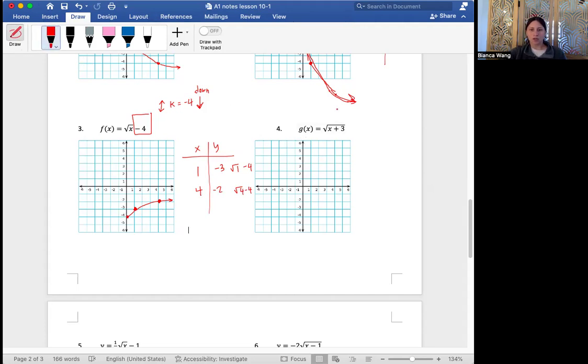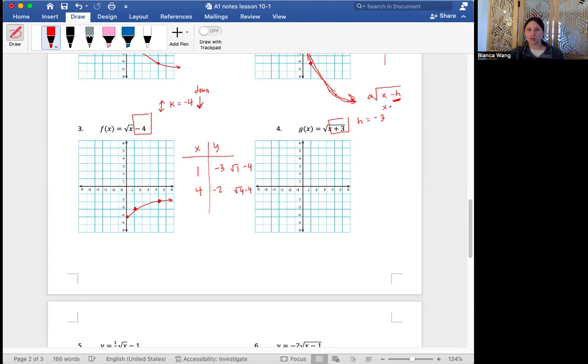Now, if we have an operation inside the square root, inside the radical, we want to take a look at what's going on now. This is a plus 3. So the standard equation is a times x minus h. We talked about this earlier. If it's plus 3, that means this h is actually a negative 3, because the only way that we would have an addition sign is if it was x minus negative h.